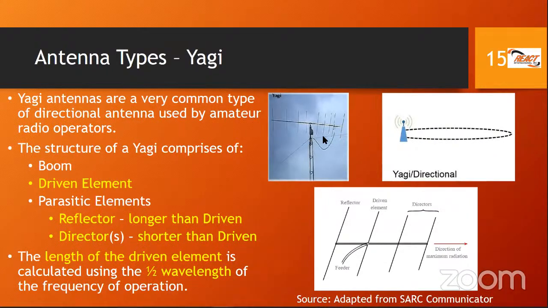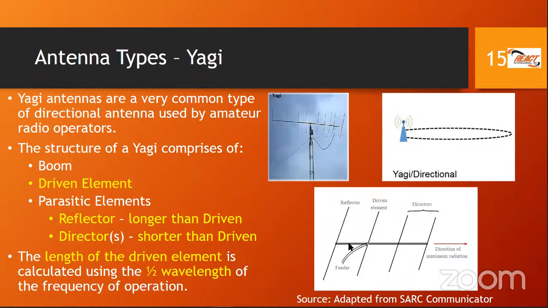So we use directional antennas on the Yagi, relatively easy to build, and we use it to concentrate our signal in one direction. This is what a Yagi looks like. This is an actual antenna. This is a diagram showing how it's constructed. And we need to know about the structure of a Yagi. There are some terms that refer to the parts of the antenna. So the Yagi comprises the boom.